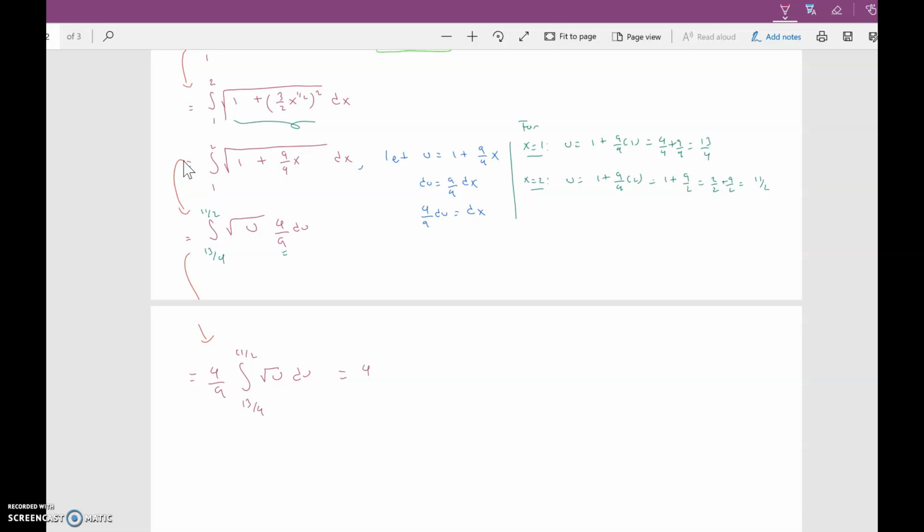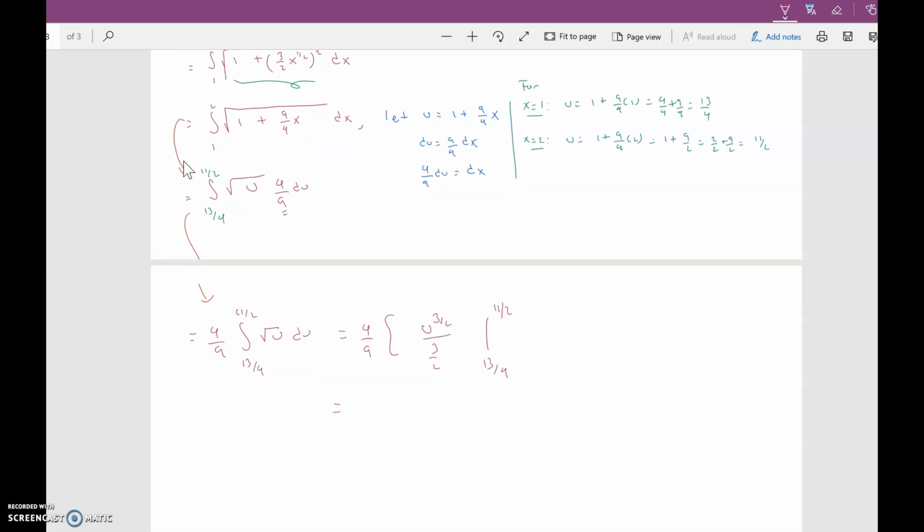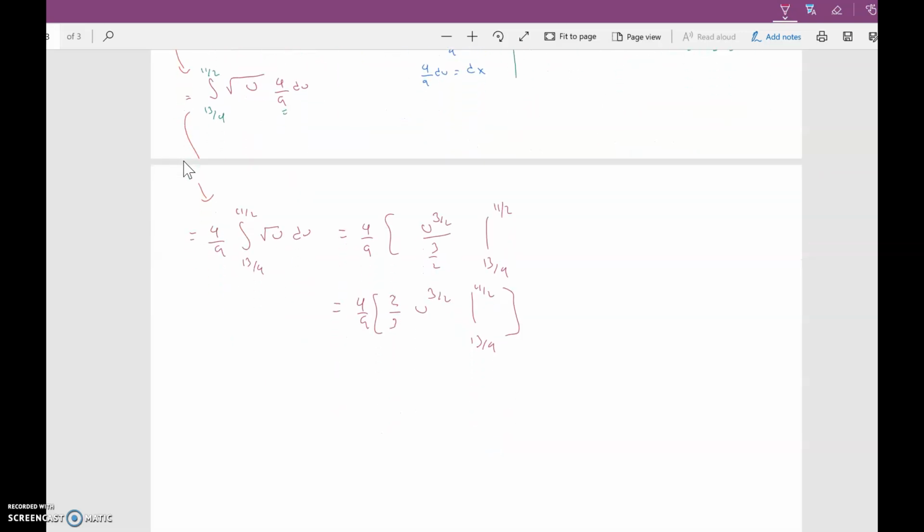So we're looking at, well, this will be 4/9. So this is going to be u to the 1/2 plus 1. So we're looking at 3/2 over 3/2 evaluated at 13/4 and 11/2. So this is going to give us 4/9 times 2/3, and then u to the 3/2 evaluated at 13/4 and 11/2, which is still kind of messy.